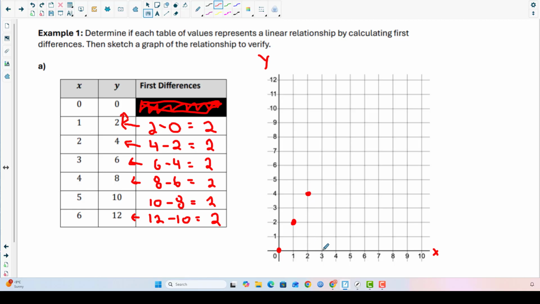Next is 3 and 6. 4 and 8. 5 and 10. And finally 6 and 12, so 6 is here, and 12 is all the way up here. So if we were to draw a line, you can see that that is a linear relationship, meaning it's a straight line. That's it.